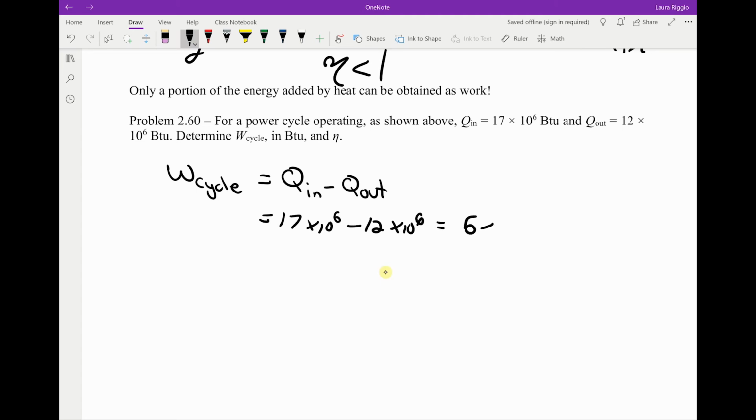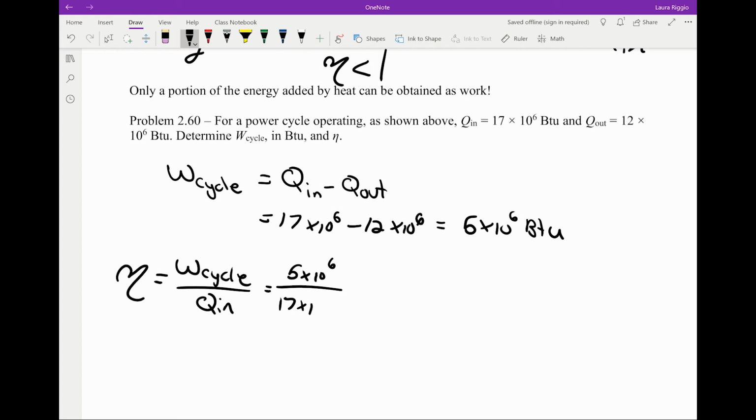So our net work is 5 times 10 to the 6 BTUs. And our efficiency is going to be W cycle over Q in, which is 5 times 10 to the 6 over 17 times 10 to the 6, which is 0.294 or 29.4%.